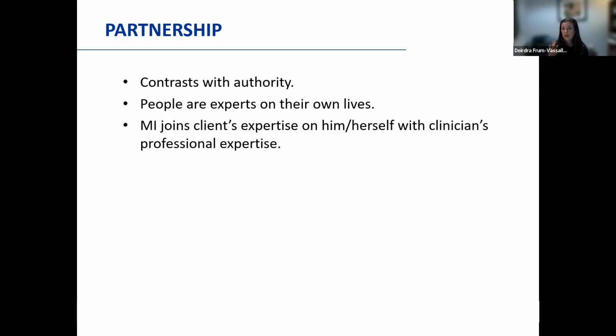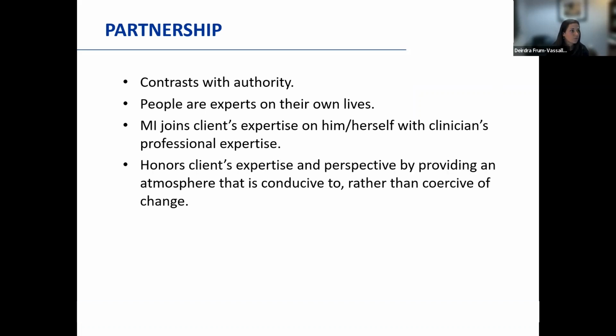We do have expertise. We do have things that we've learned over the years. And MI is helping us to skillfully join this professional expertise that we have with the patient's expertise on him or herself. It's this partnership, this coming together of knowledge and really respecting what each other bring to the table.